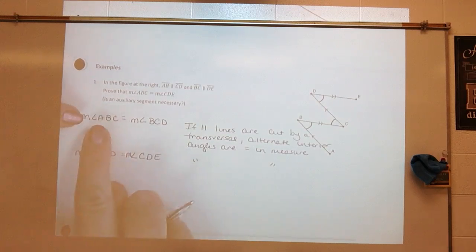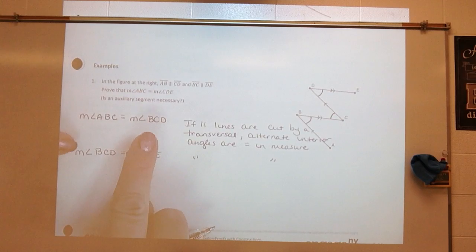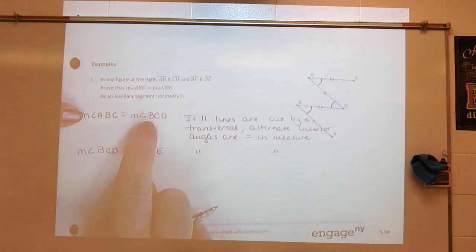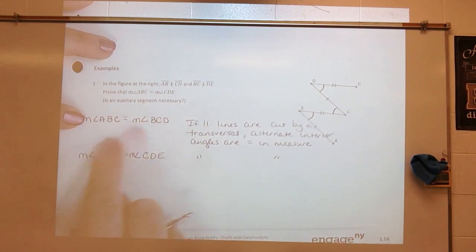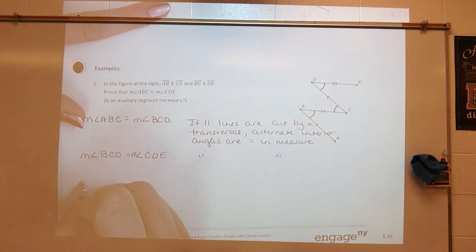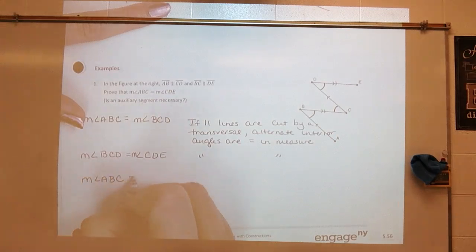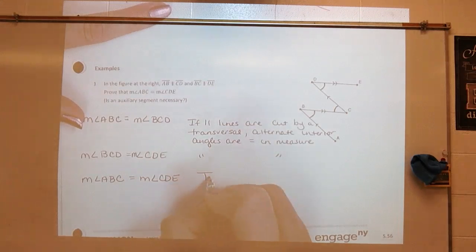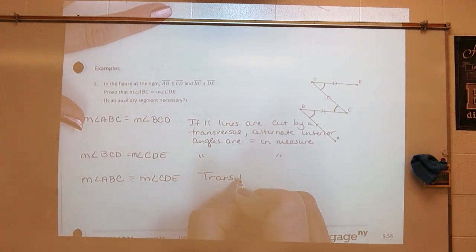Notice they're equal to the same thing. So because of transitive property, I know that the measure of angle ABC is equal to the measure of angle CDE by transitive property.